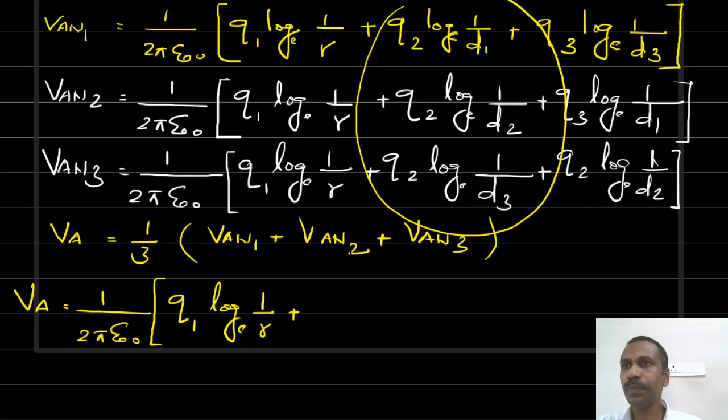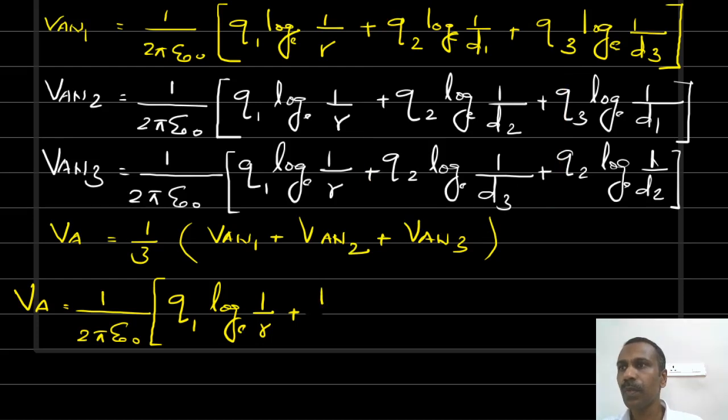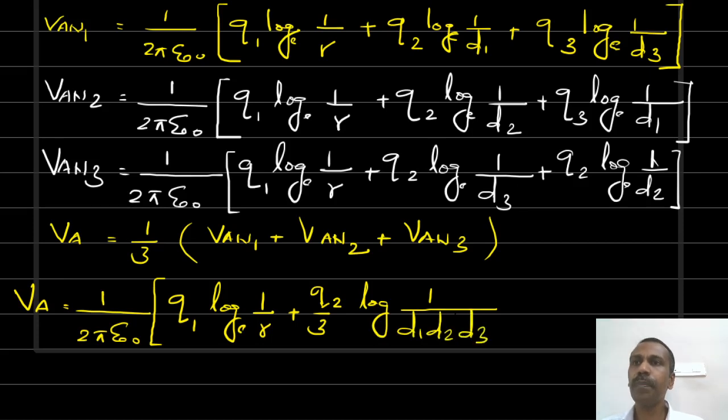Combining these three terms, it becomes Q2 by 3 into log 1 by D1, D2, D3, because log A plus log B plus log C is equal to log ABC.